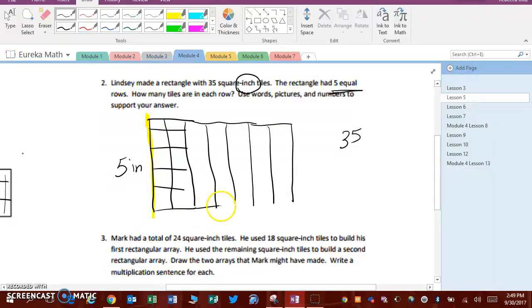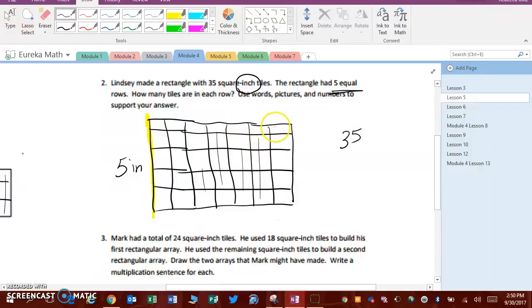So let me connect this all together. I'm going to extend these lines all the way across. Okay, so if I count these now, I've got 5, 10, 15, 20, 25, 30, 35 total.